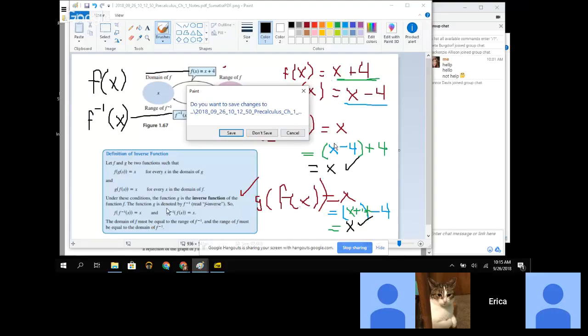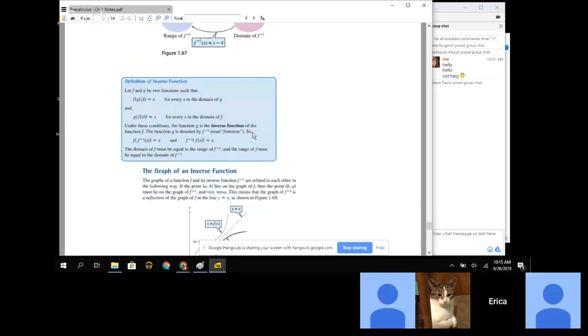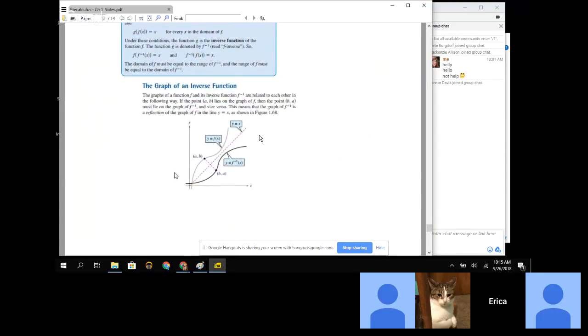All right, back to the notes. So the graph of an inverse function. The graphs of a function f and its inverse, f inverse, are related in the following way: if the point (a, b) lies on the graph of f, then the point (b, a) must lie on the graph of the inverse, or vice versa. We talked about this on Monday as well.